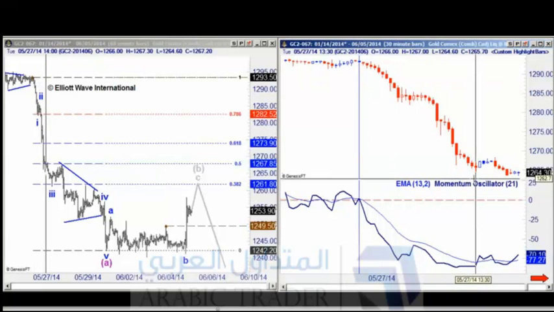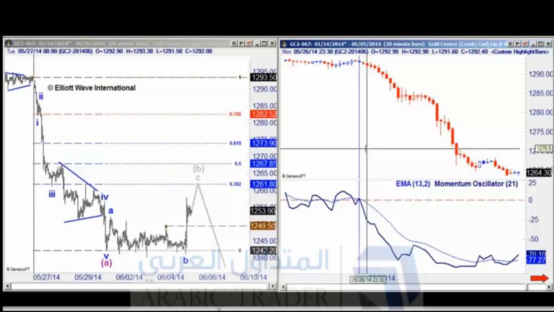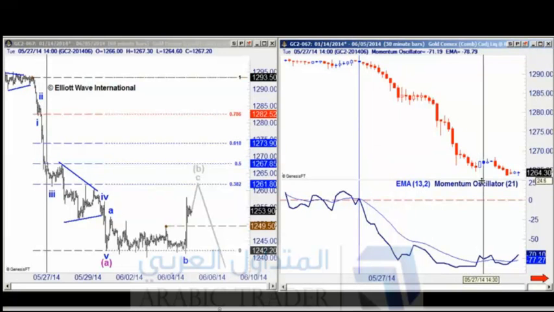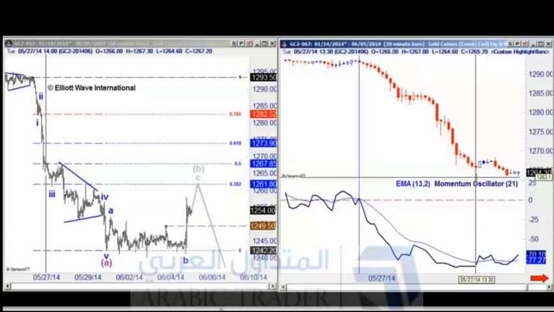Now, just like with waiting for the second signal to get into a trade, I like to wait for the second signal to get out of a trade, because if I move on the first signal, sometimes that's just a little fluctuation, and then before the period's over, it's gone back to being red again, and I've gotten out maybe prematurely.